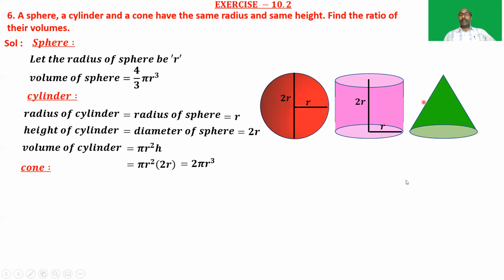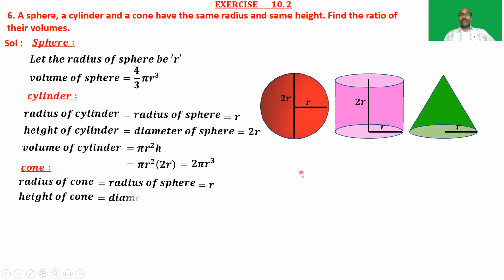Now consider the cone. So here also the radius of the cone is the radius of the sphere. We have taken the radius of the sphere as r, so the radius of the cone is also r. Now the height of the cone. Height of the cone is equal to the diameter of the sphere, which is equal to 2r.